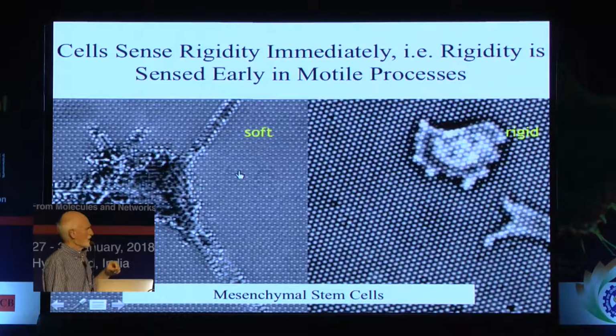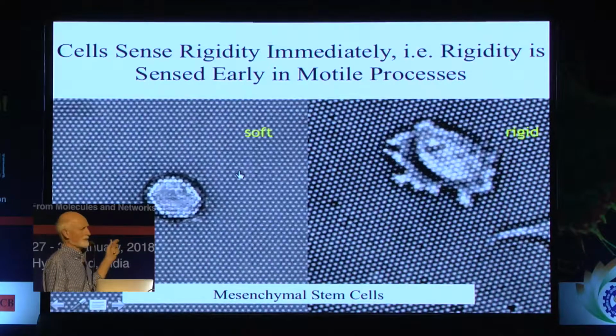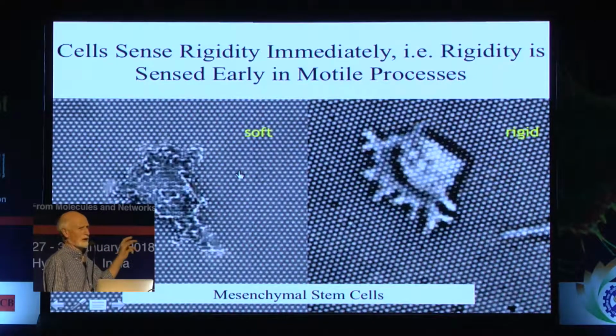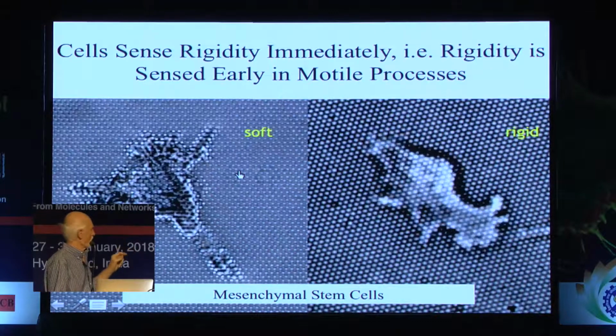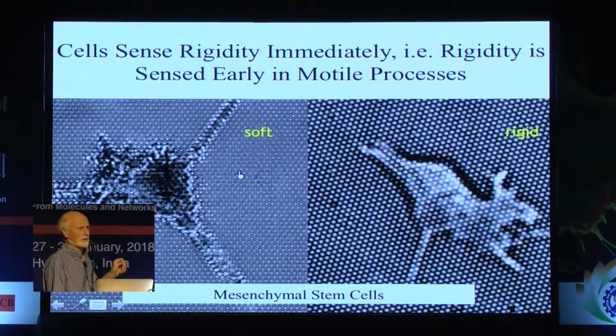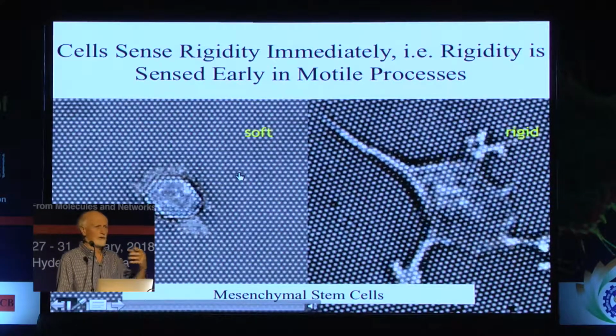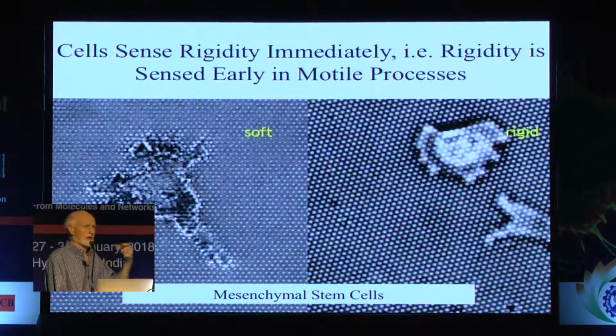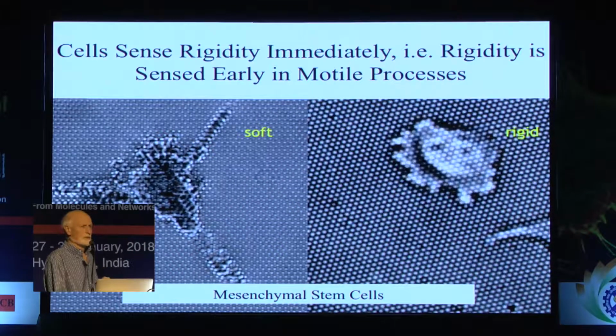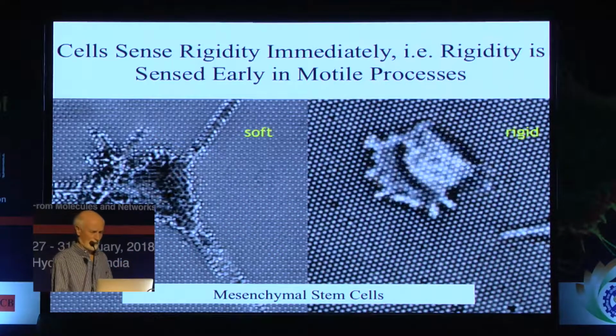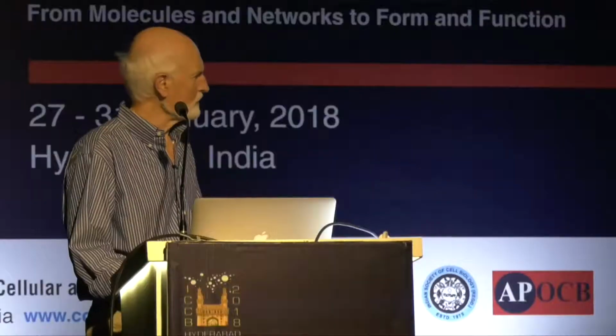And we can see that when putting cells on top of pillars here that are tall, i.e. soft, or short, i.e. rigid, that the cells take on a different morphology at very early times. In other words, they're able at early times to measure the rigidity of that substrate.